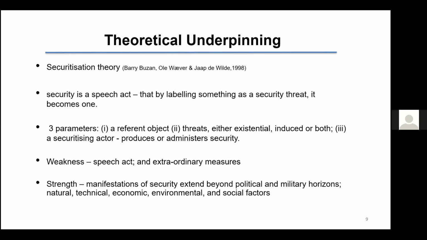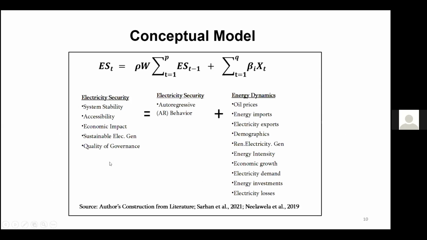And so, based on the strengths that the wideners bring in the application of the theory, manifestations of security extend beyond the political and military horizons. Issues that threaten security of anything, including energy and electricity, could be natural, technical, environmental, and social factors.